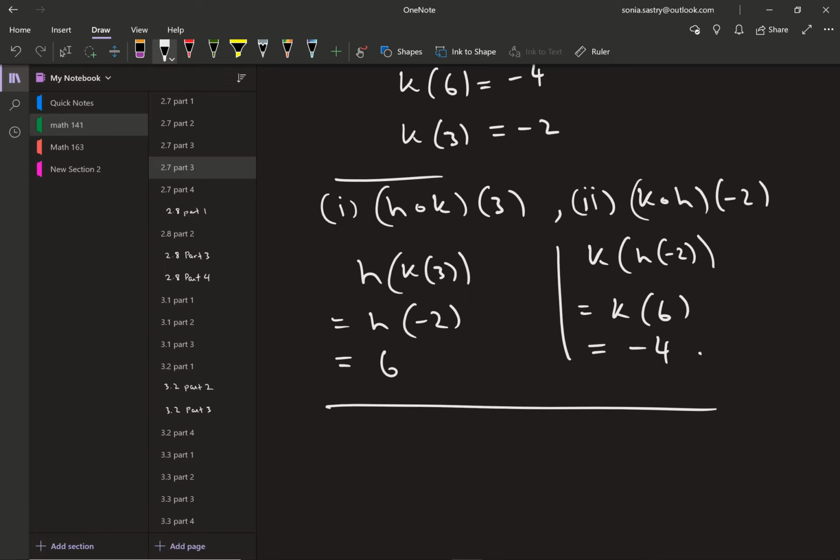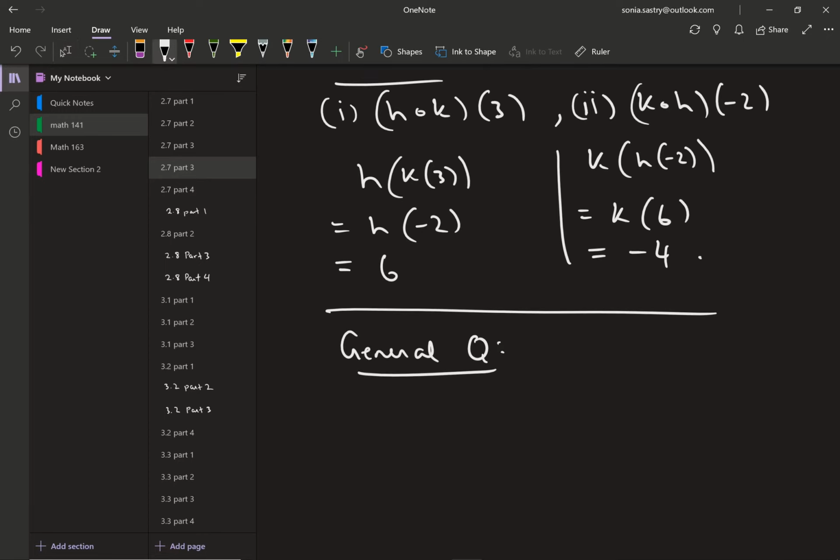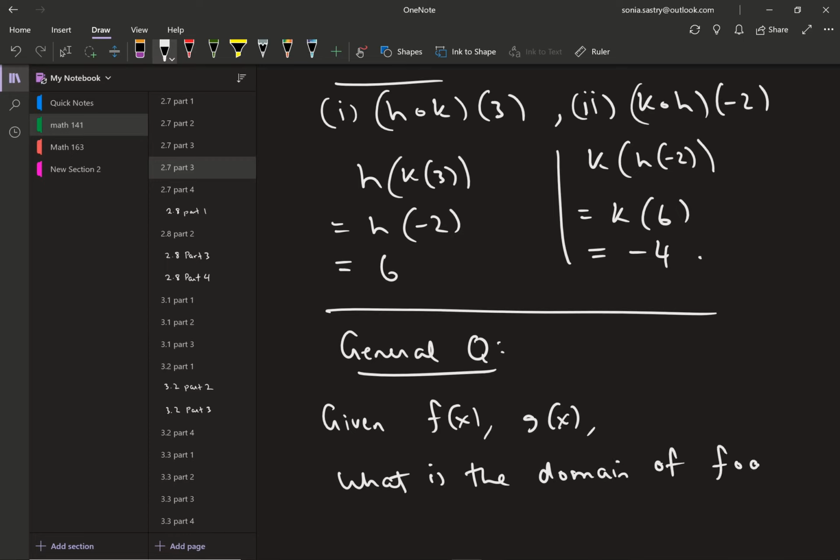Okay, so there's a general question that we have to now answer, which is, if you're given f of x and g of x, what is the domain of f composed with g of x?